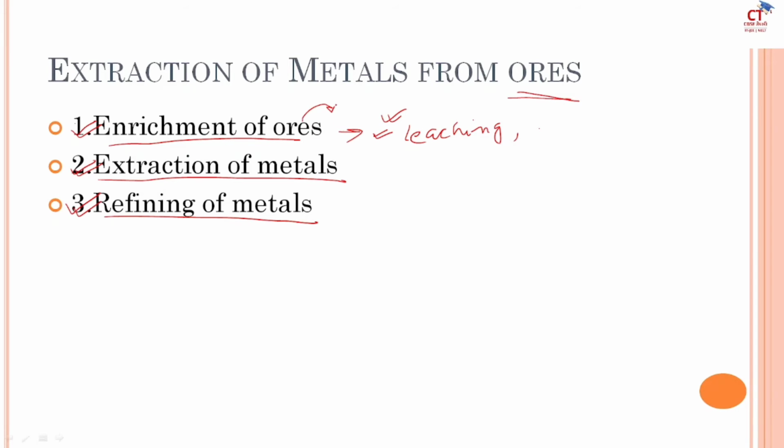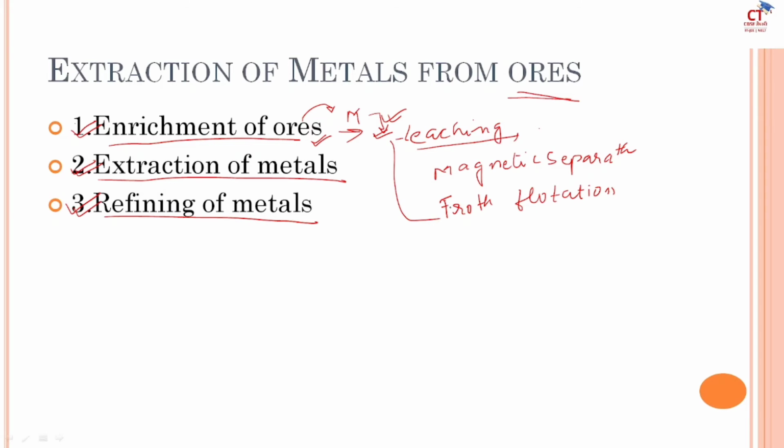Enrichment of ores is carried out by various methods and the methods are listed here. That is leaching, magnetic separation, then froth flotation. Enrichment of ores is done by these three processes.